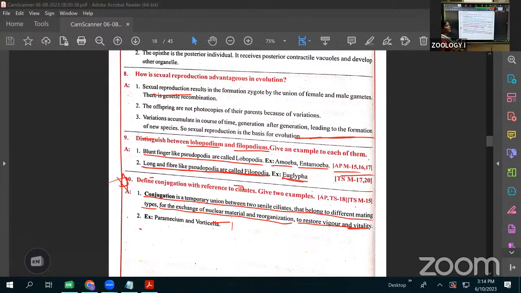Examples: Paramecium and Vorticella. With this, we finish the fifth lesson.